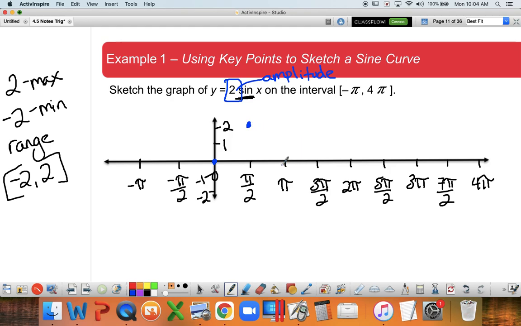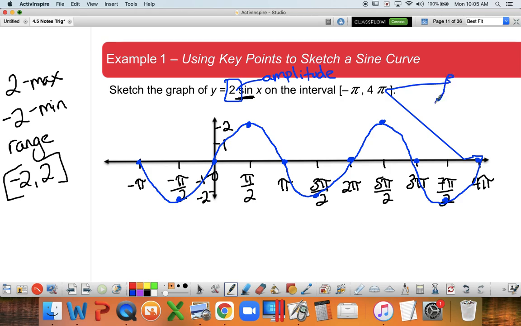At pi, I'm down here at 0. At 3pi/2, I'm down here at -2. And then the pattern is going to repeat itself. Now over here, I want to keep going, right? Since I go up, that means this one must go down. And then here we're at 0. So now go ahead and do your best to graph it as a nice little sine wave curve.